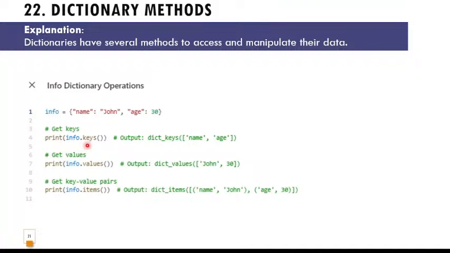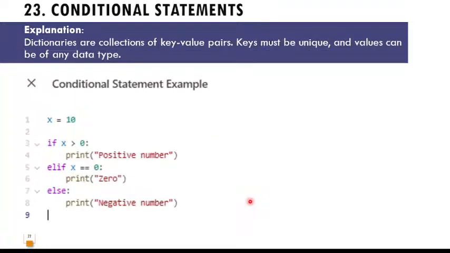Print info.values: the values will be John and 30. This is the key and this is the value, key and value. Now get key-value pairs. So info.items, together we call it items, and when we print it, it will give name John, age 30.